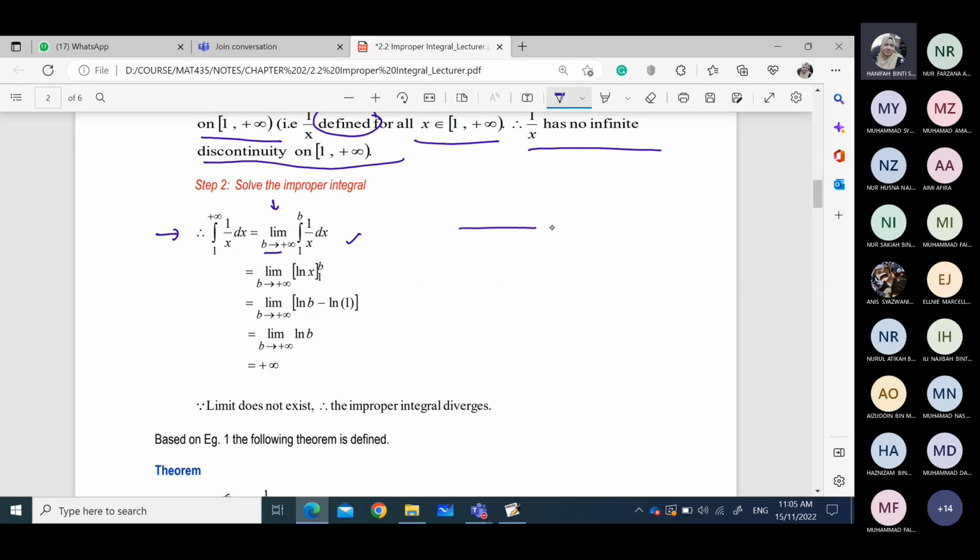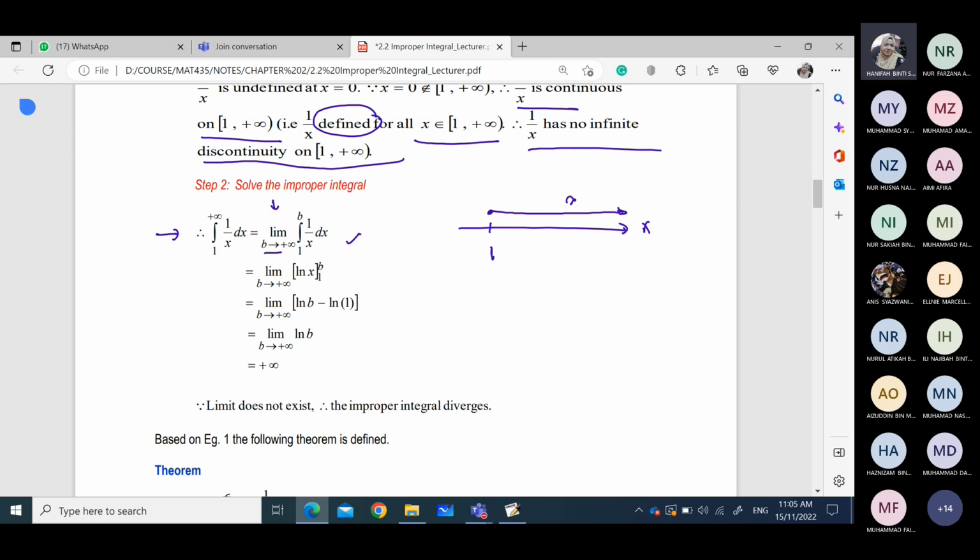So kalau you nak form into a number line, so this is a x. So the minimum value for x is 1 kat sini. And the value of x is move to the infinity. Dia bergerak. So nilai dia bergerak kepada sebelah kanan, which is number dia akan lebih besar. Okay, sebab tu kita letakkan B. Okay, so kenapa kita letak unknown B?